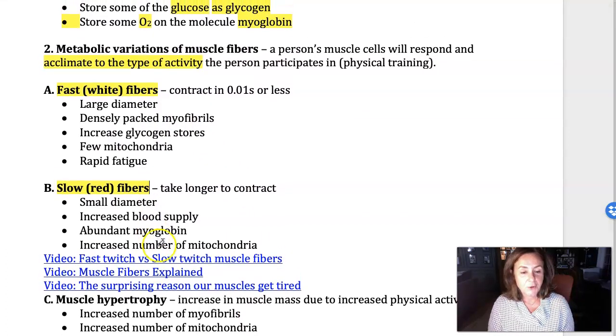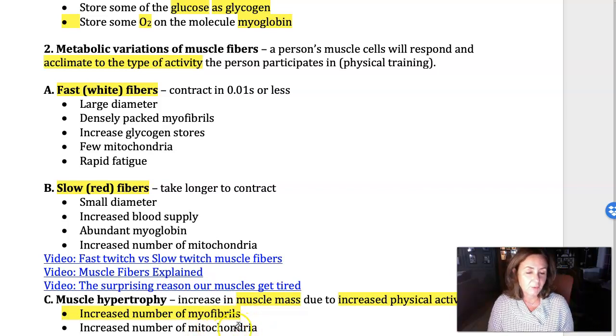And then hypertrophy, which I already mentioned. Hypertrophy is when you increase muscle mass due to increased physical activity. The way that happens is increasing the number of myofibrils and increasing the glycogen storage.